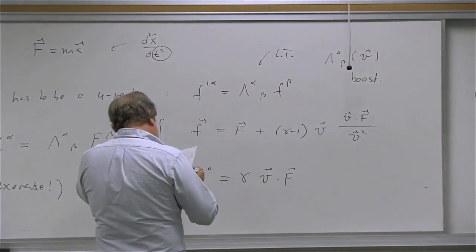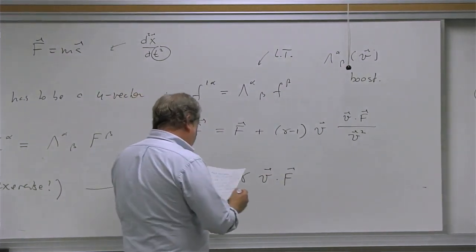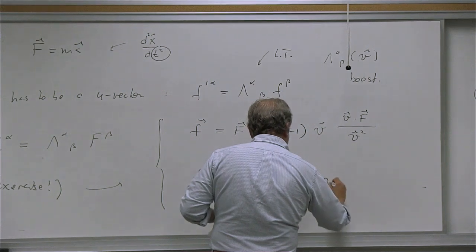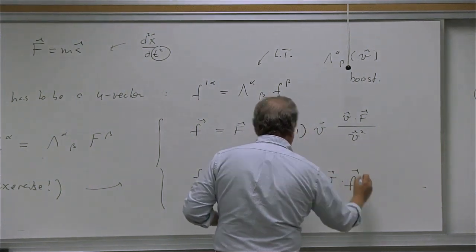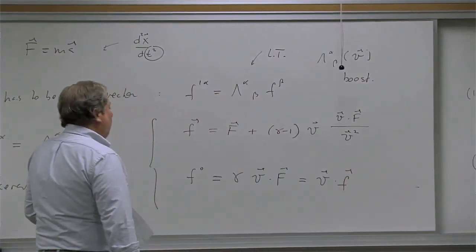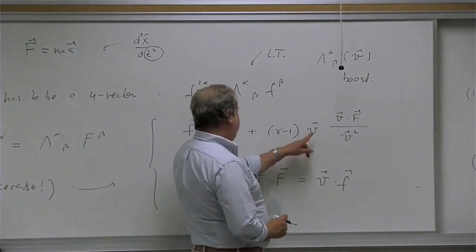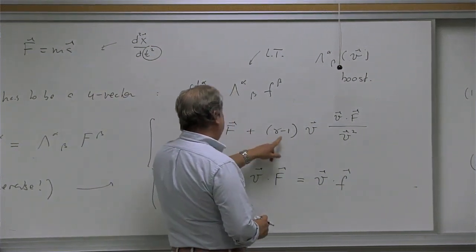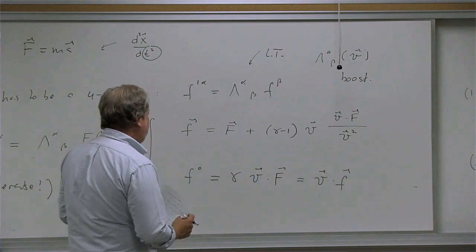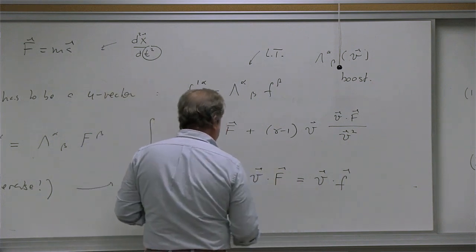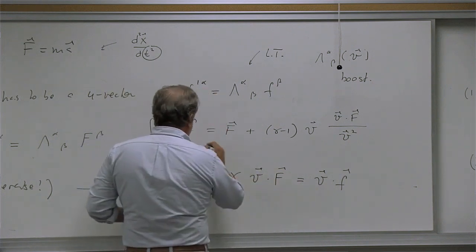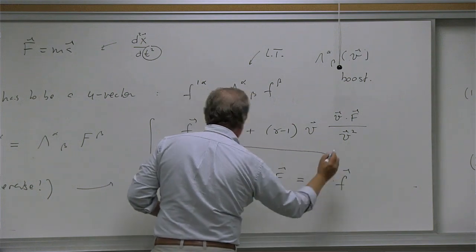Actually, this is just equal to v times the above f, because the v squared cancels out and the gammas go away, and you get just the velocity times f. So this goes in there.